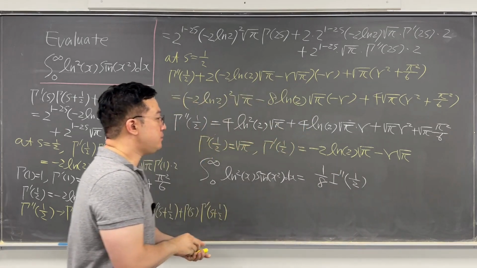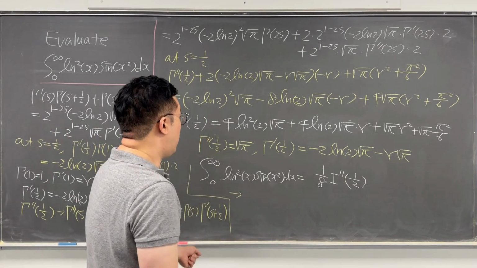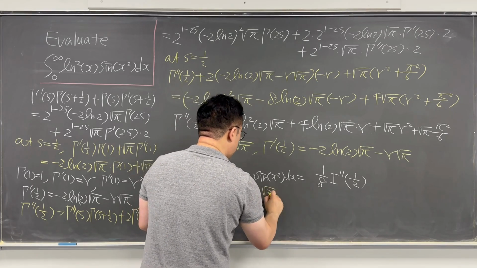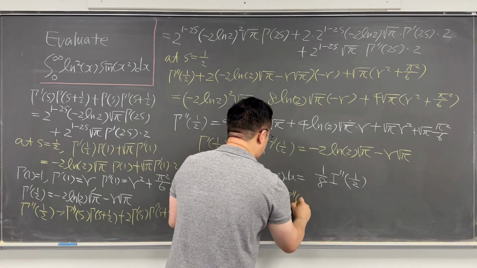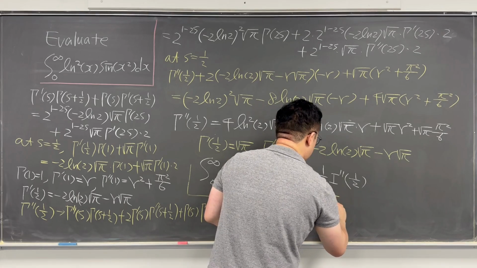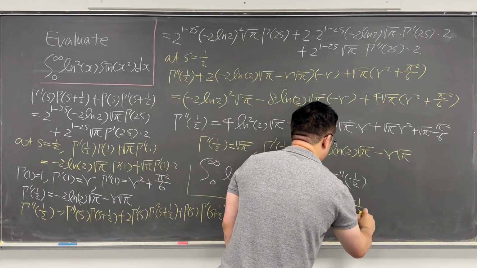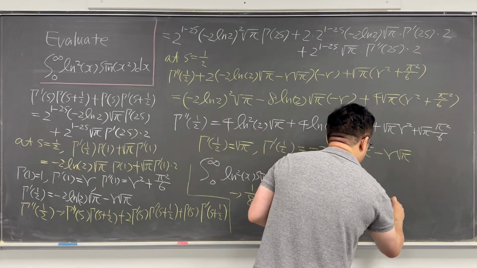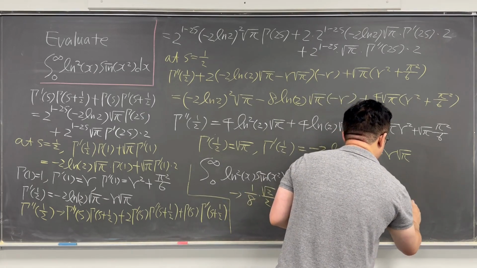So it has to be the same as 1 over 8, that times square root of 2 over 2, and let me make a parenthesis: gamma double prime of 1 over 2, and then plus 2 pi over 2 times gamma prime of 1 over 2, and then minus pi over 2 squared times square root of pi.